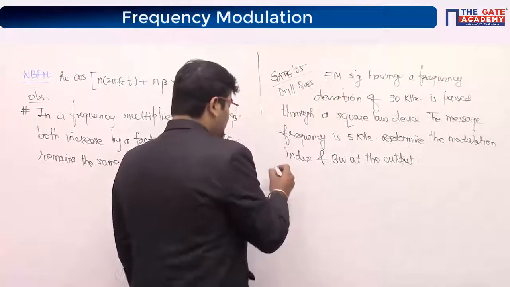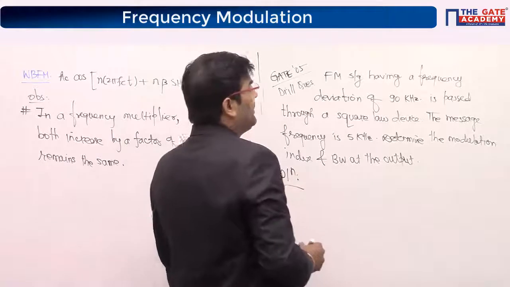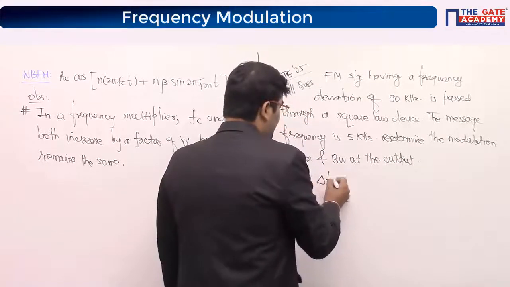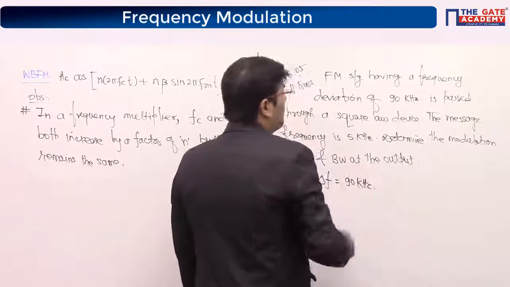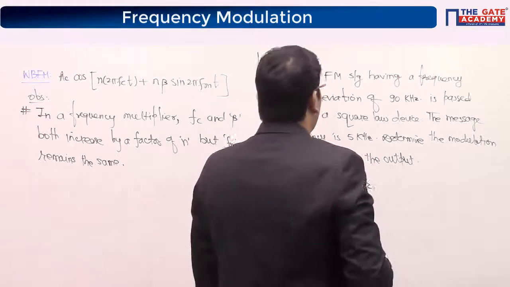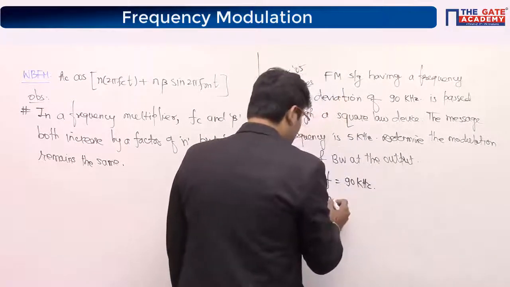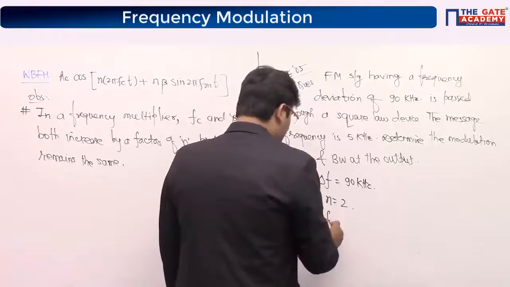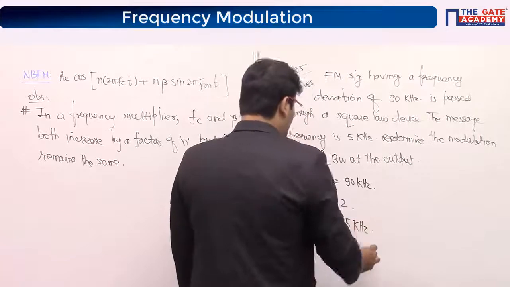So solution, guys. It is given that delta f, the frequency deviation, is 90 kilohertz, and it is passed through a square law device. Square law means n equal to 2. No confusion about that. The message frequency is 5 kilohertz.